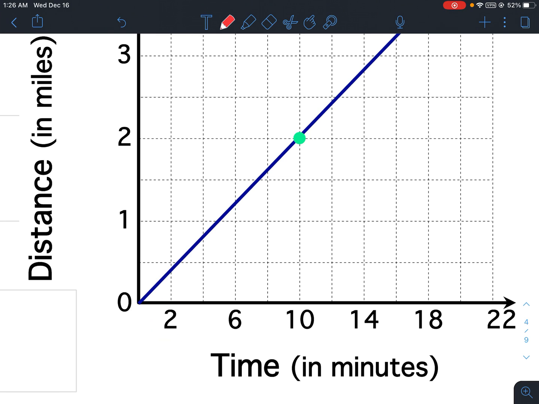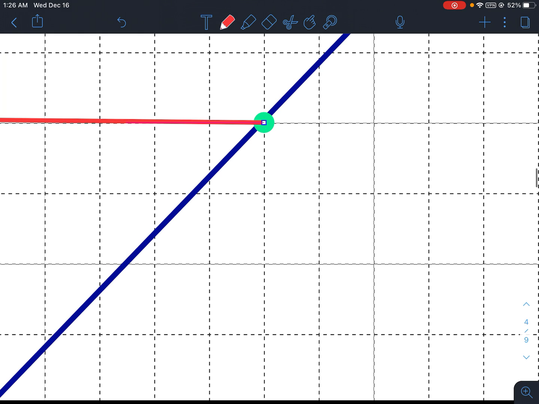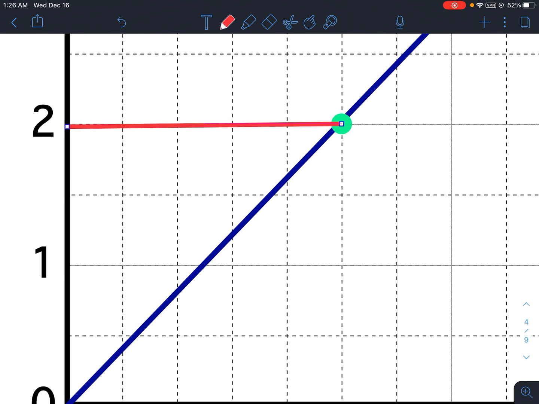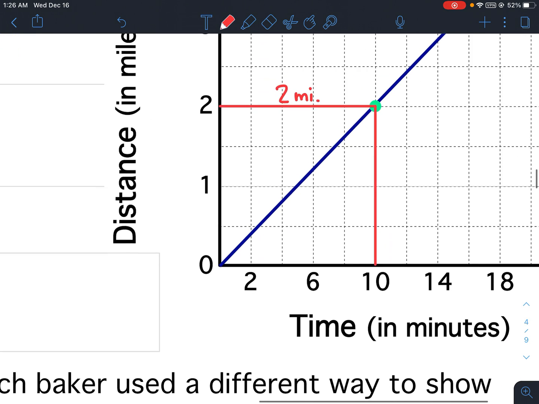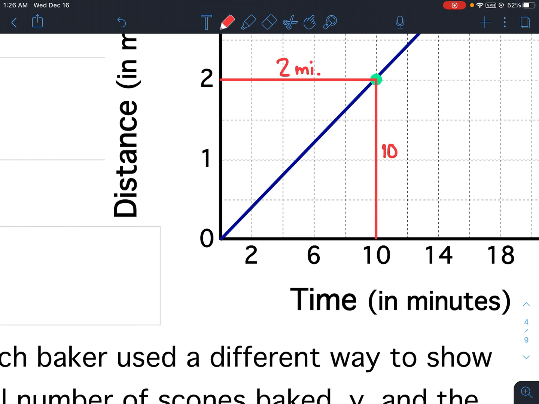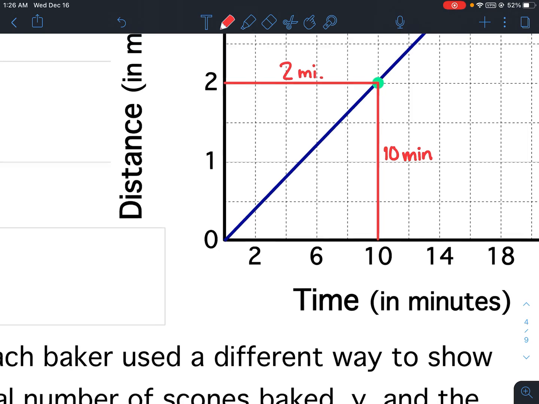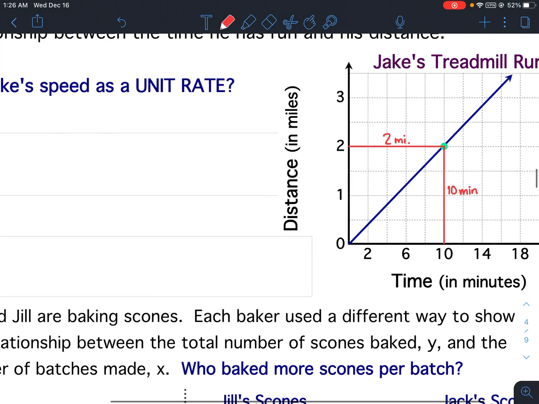I picked a point on the graph that fell on the intersection of 2 grid lines. So this would represent 2 miles, and this would be 10 minutes. So 2 miles, 10 minutes.